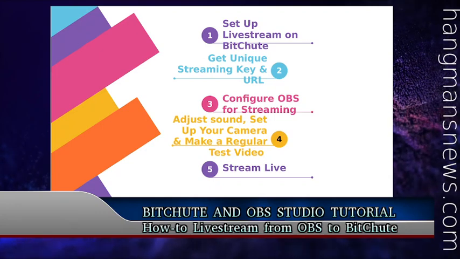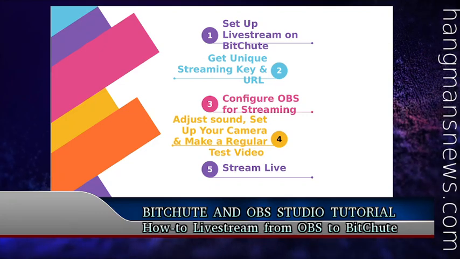So play around with that, and that's why I recommend doing a couple of regular recordings before you go live, so you can test those videos and see if the sound is good and everything. And then you can just go ahead and stream live. So yeah.